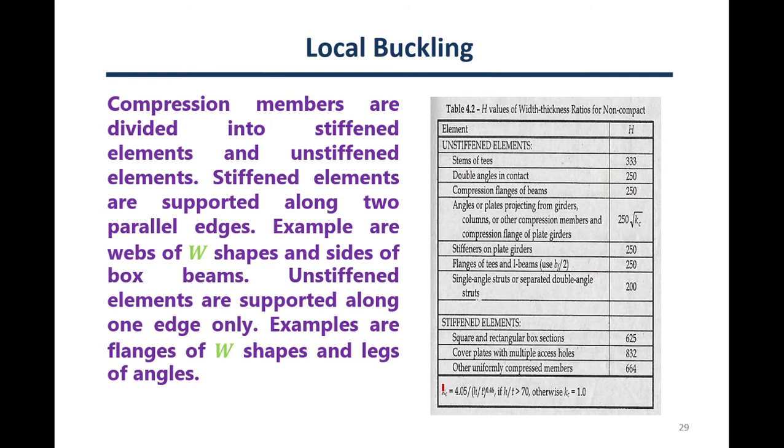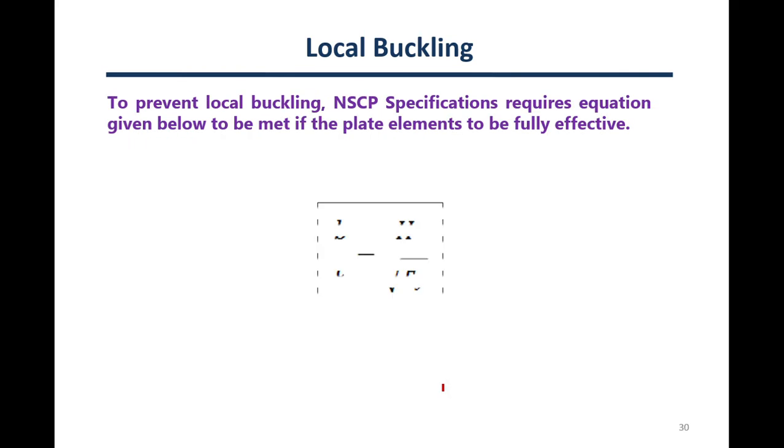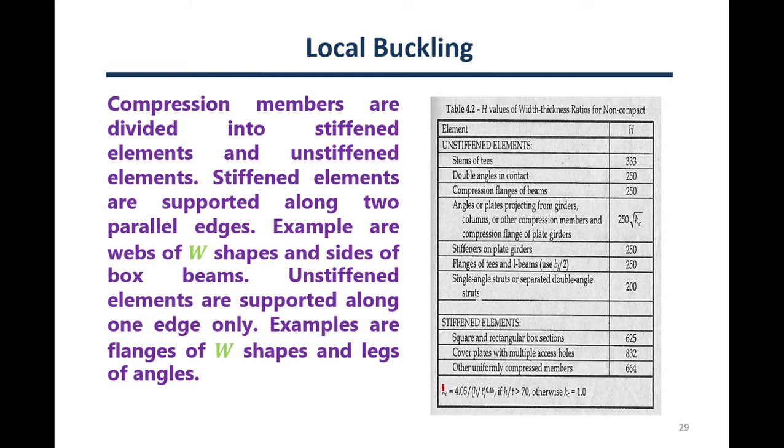Okay, so we have compressive members are divided into stiffened elements and unstiffened elements. So stiffened elements are supported along two parallel edges. Examples are webs of W shapes and sides of box beams.